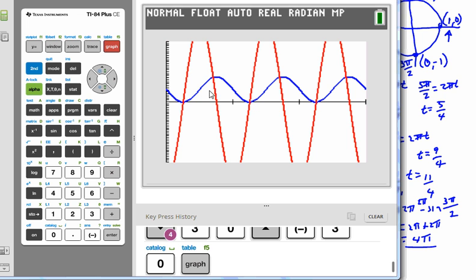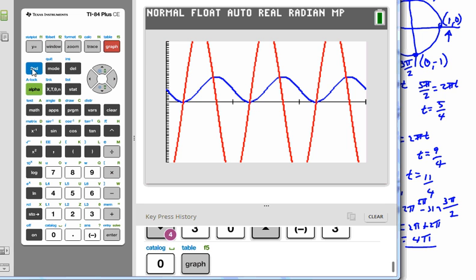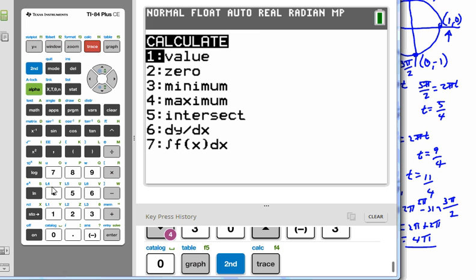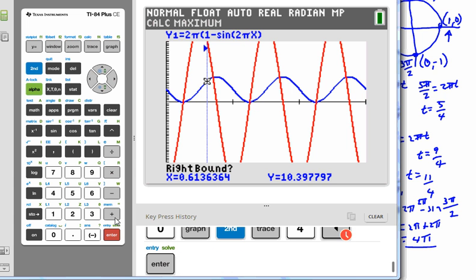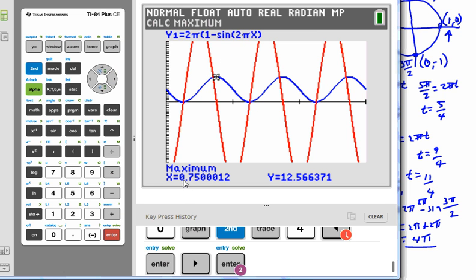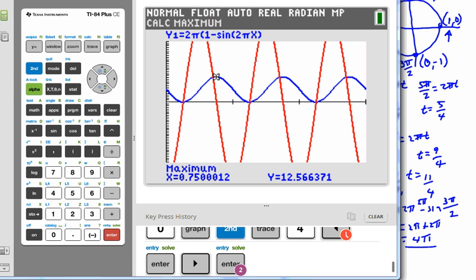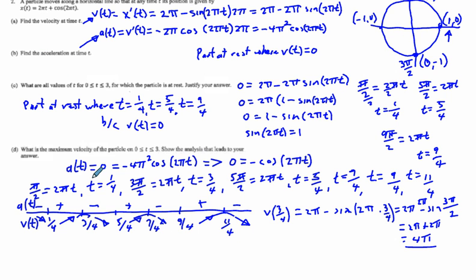And the maximum velocity will be right here. If we go to second trace, maximum, we can take any one of these, go to the left, press enter, go to the right, press enter twice. We get a maximum where x equals 3/4 of 12.566, which is 4 pi.